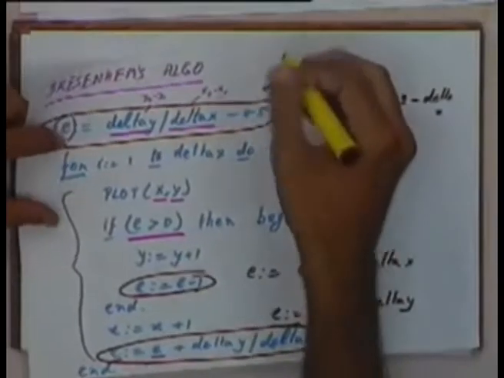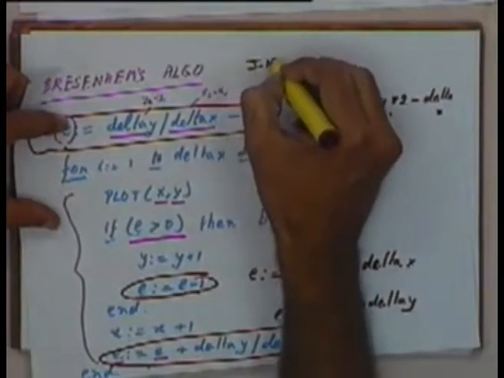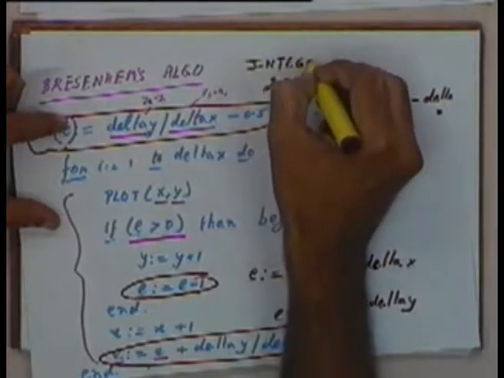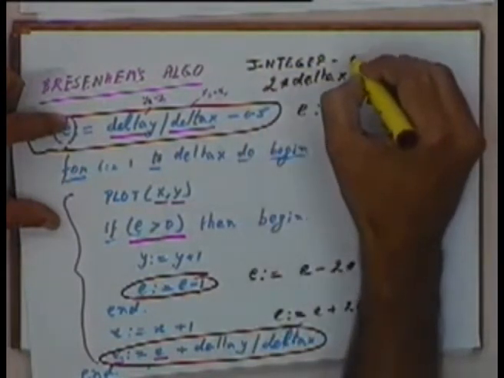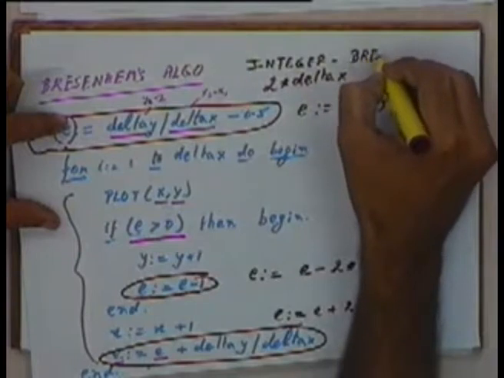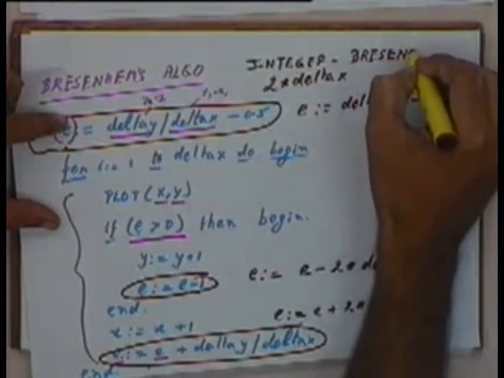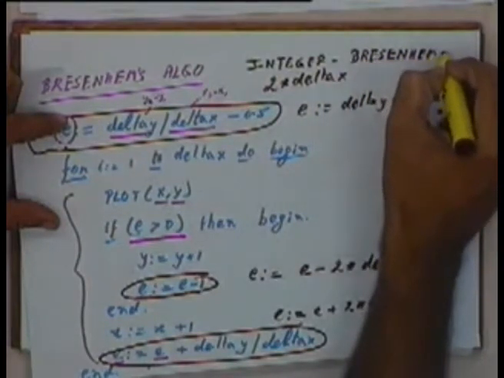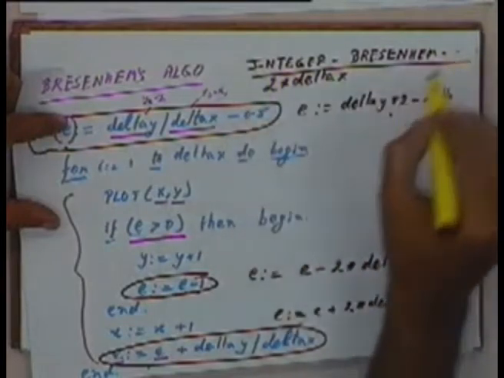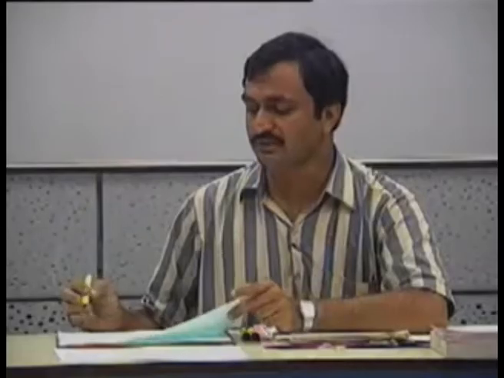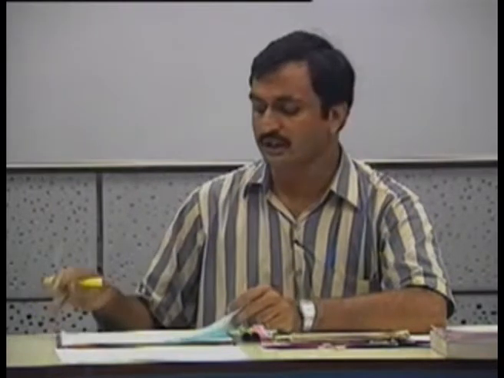This version of the algorithm is referred to as the integer Bresenham algorithm, or the integer version of the Bresenham algorithm. Any question on the integer version of the Bresenham algorithm?